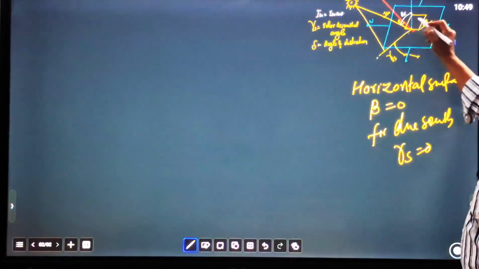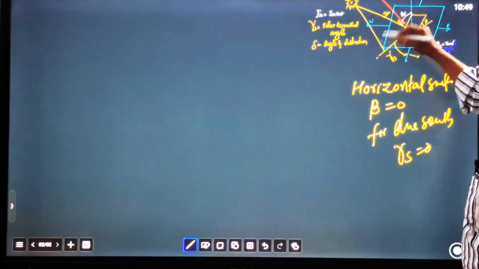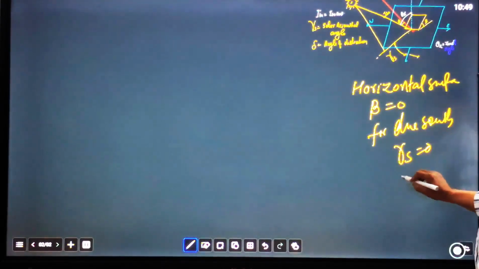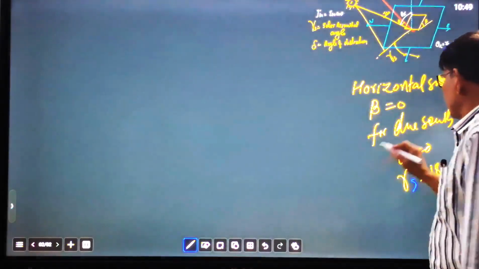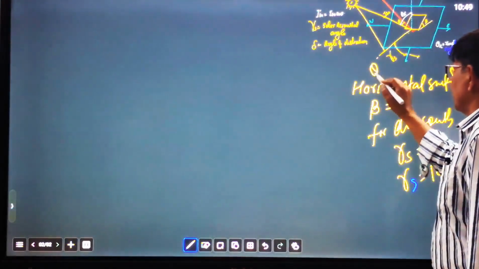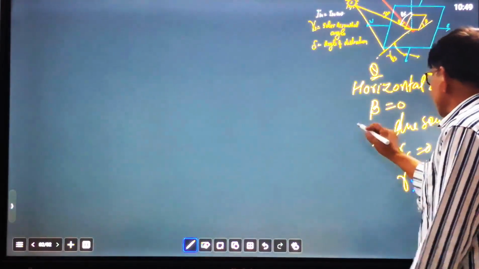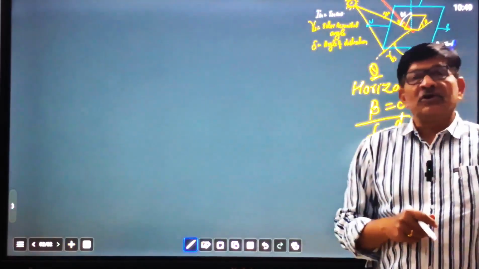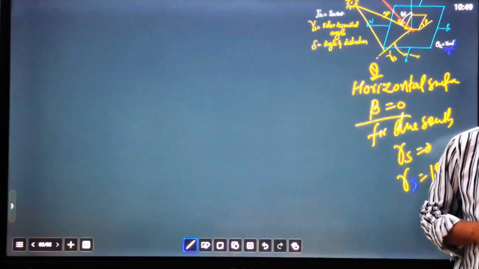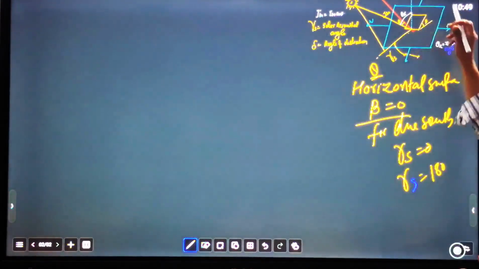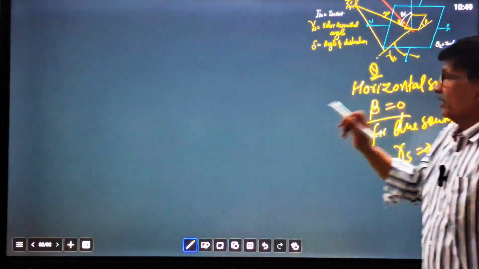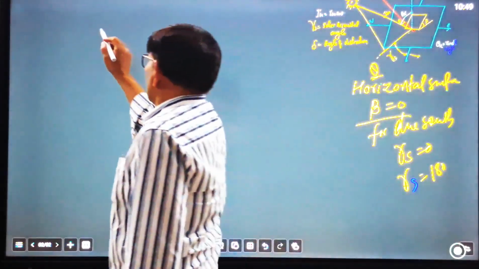If the surface is reversed to face away from due south, then gamma s becomes 180 degrees. So gamma s is also varying, just like theta. Theta is determined for the particular condition when the surface lies along the horizontal, meaning beta equals 0.